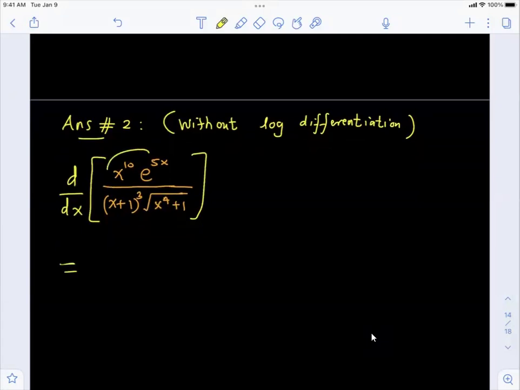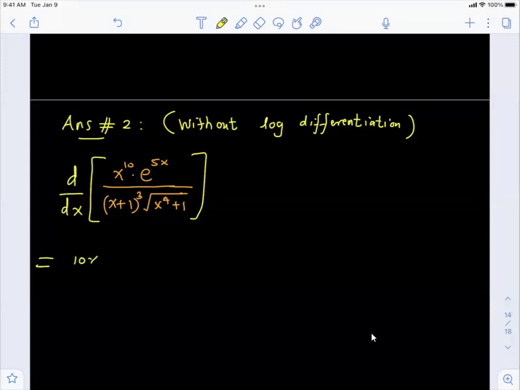We need to have the product rule right here, right? We need to have the quotient rule to begin with. It is a quotient, a function divided by a function. But when you need to divide the function, the top function, which is playing the role of function f, we need to take the derivative with respect to the product rule.